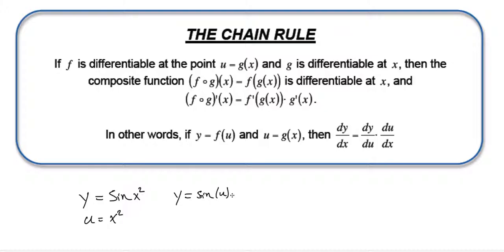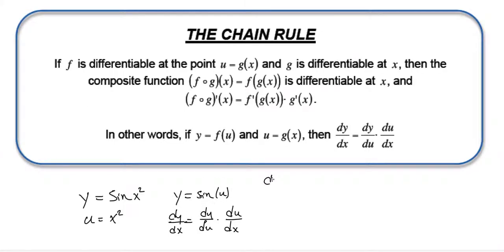And the way we're going to take the derivative of y with respect to x, the way we find dy dx, is going to be to take the derivative of y with respect to u times the derivative of u with respect to x.